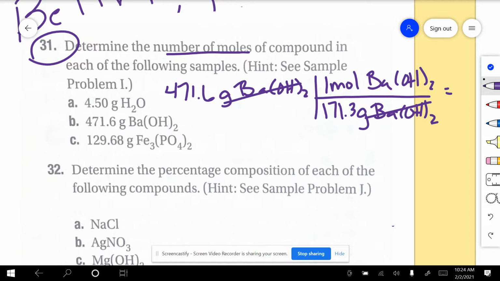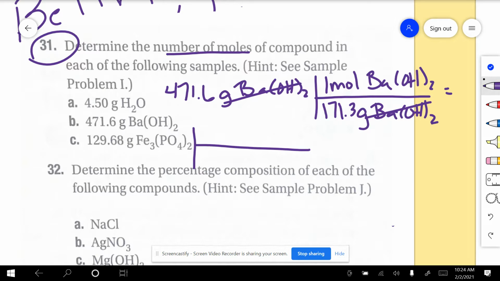So, what did y'all get for the atomic mass of the iron phosphate? 357.49. Okay, so if we set that up again, tell me what I'm going to do to set up and solve this problem.